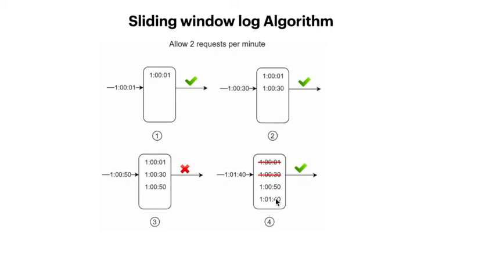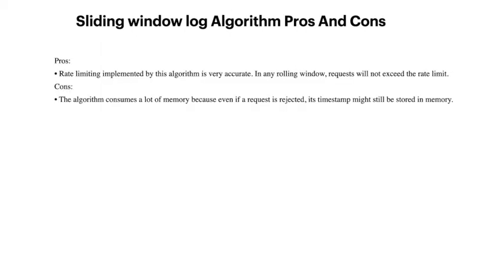So this is the sliding window algorithm, and we have seen that with this approach we are able to solve the fixed window algorithm's issue, because there, in the middle between two time frames, we were processing more requests than our goal. That can be solved with the sliding window algorithm. It also has some pros and cons.